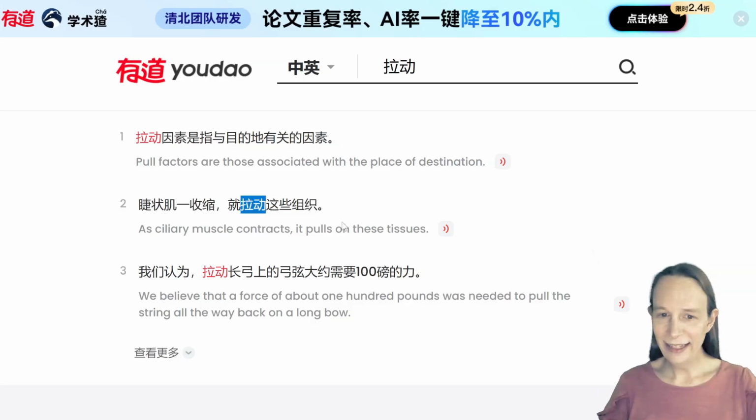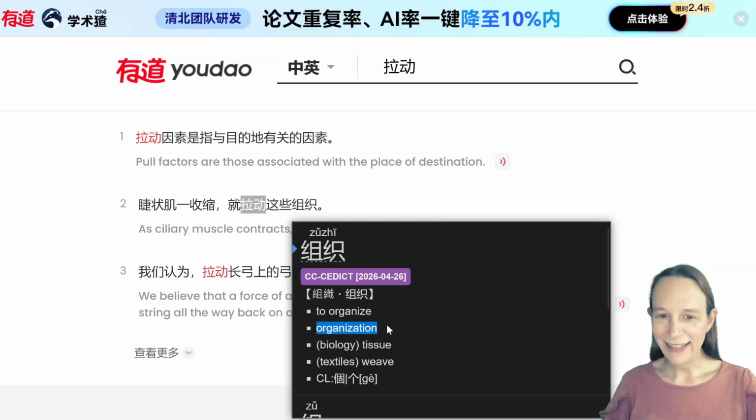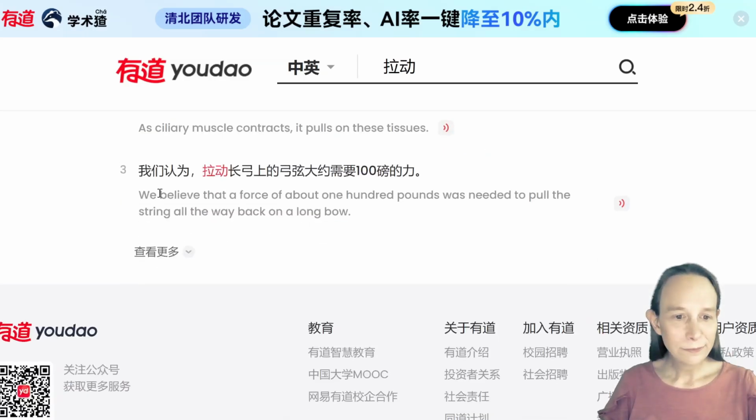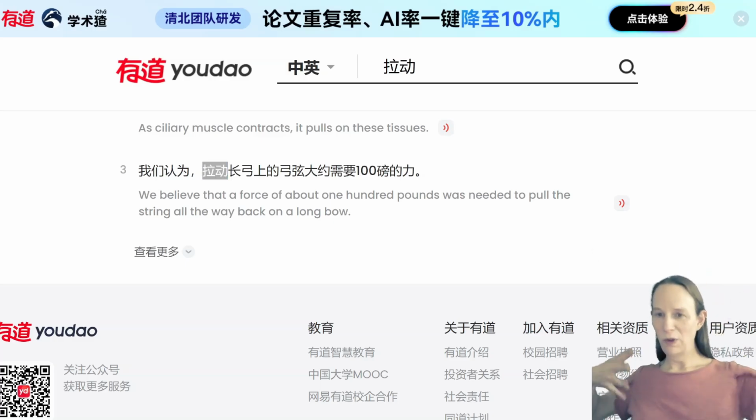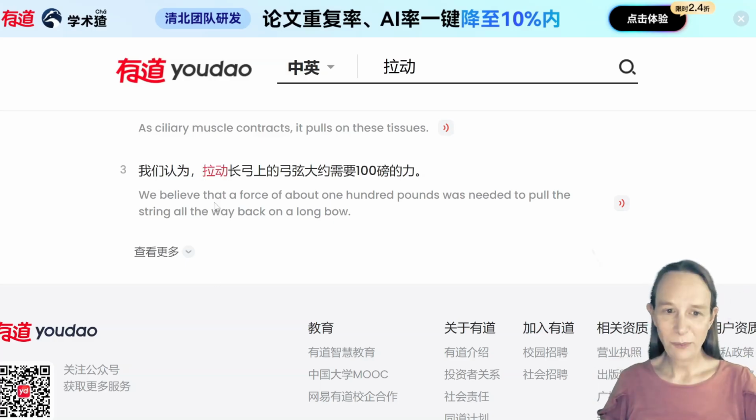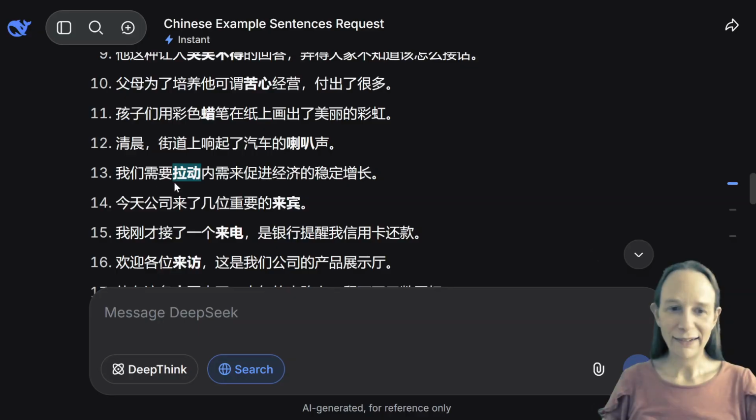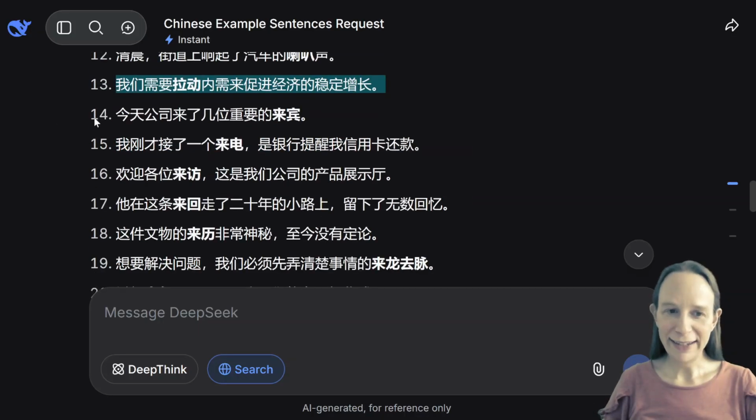Okay, 组织 in the context of biology is tissue. Usually it's organization, but. 我们认为拉动弓弦大约需要100磅的力. So this is just literally pulling a longbow, like a British longbow. All right. Anyway, I think we got the rough idea.